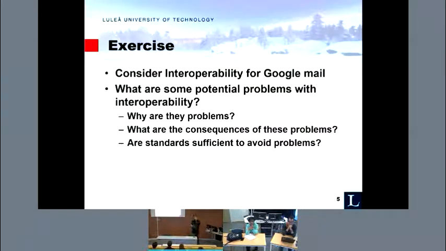What might be the potential problems with this interoperability? Why are these problems? So focus on one at a time. If you come up with one potential problem, discuss then why is this a problem? What are the consequences of this problem? And would standards help solve this problem? Or is there another solution or another need? So let's take a few minutes discussing this.